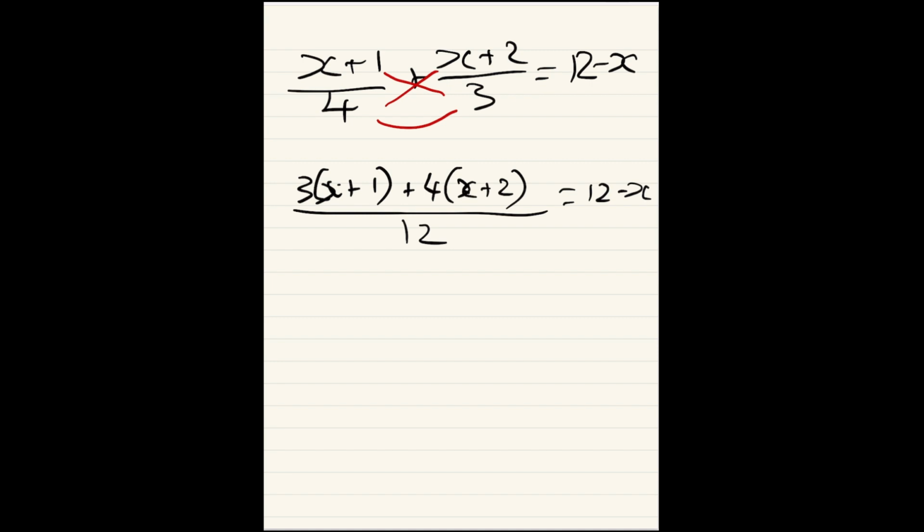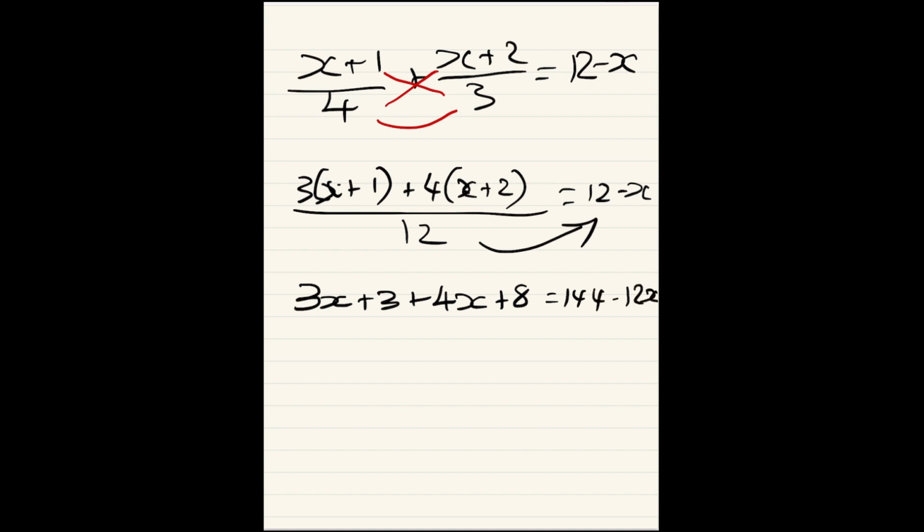That's just going to get rid of that denominator. So I'm going to end up with 3x plus 3 plus 4x plus 8 equals, and I'm multiplying the 12 now by this side. So I'm going to get 12 12s are 144 minus 12x.